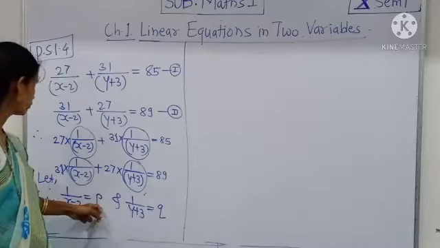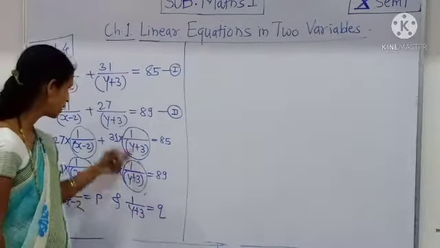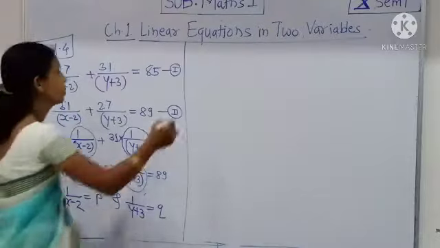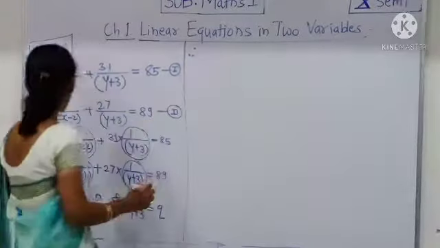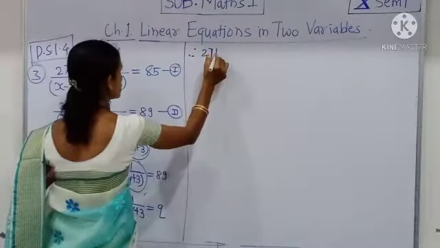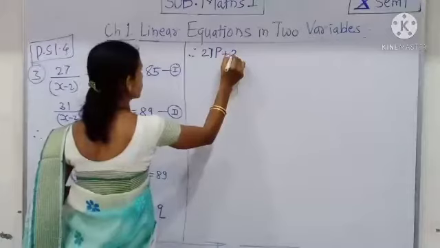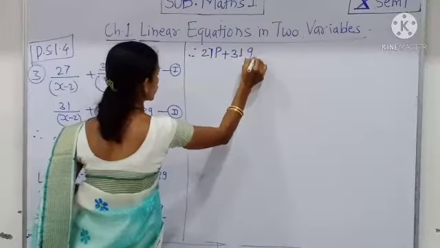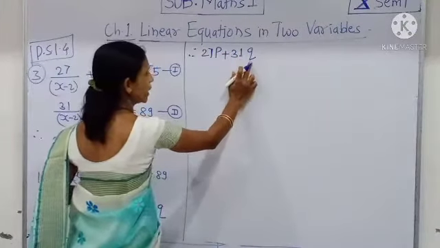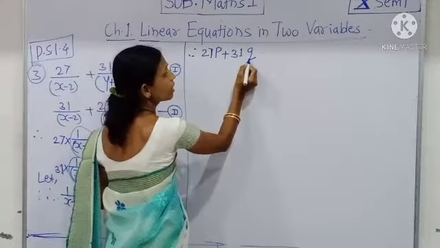Putting the value of 1 upon x minus 2 and 1 upon y plus 3 in equations 1 and 2, equation 1 becomes 27p plus 31q.